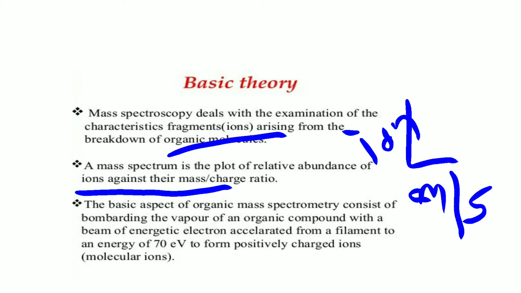What is the basic theory of mass spectroscopy or spectrometry? Here we convert this organic compound into a vaporized state, and then this is accelerated to a high energy, and it gets converted to the positively charged ion, and then we study the positively charged ion for the identification of the structure of the molecule.